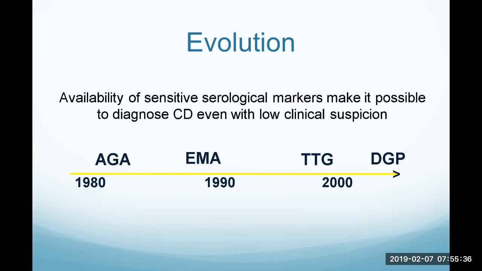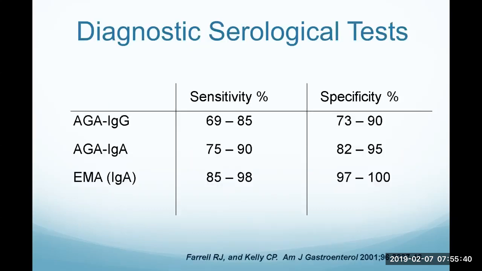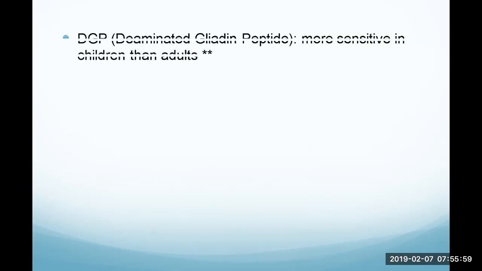Still not as common because it's not very accurate, but very useful in the pediatric population. So this table gives us the sensitivity and specificity of the different serological tests, and TTG IgA is the most sensitive test among them.